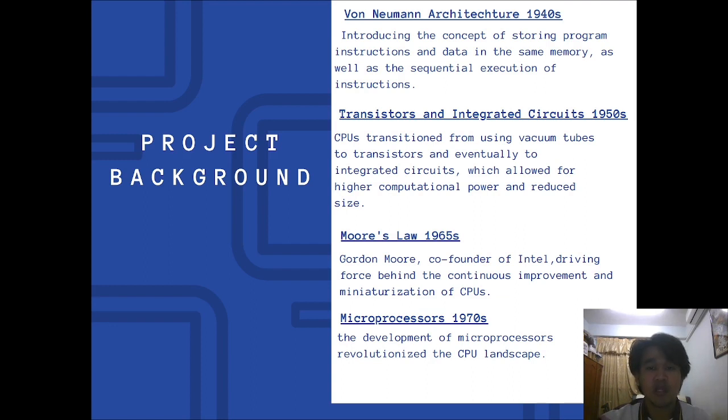The second one, transistor and integrated circuit, 1950s. CPUs transitioned from using vacuum tubes to transistors and eventually to integrated circuits, which allowed for higher computational power and reduced size. Next, Moore's Law, 1965.